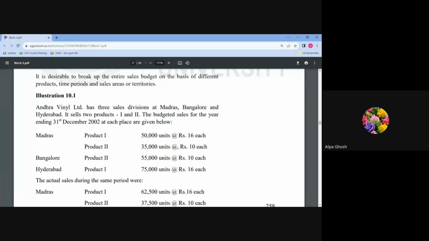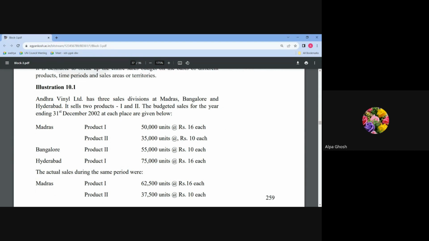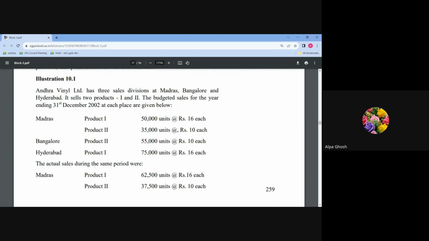This is a sales budget. There are three sales divisions: Madras, Bangalore, and Hyderabad. Three places. It sells two products, 1 and 2. The budgeted sales for the year are like this. For Madras, product 1, product 2, 50,000 units for rupees 16, 35,000 units for rupees 10.